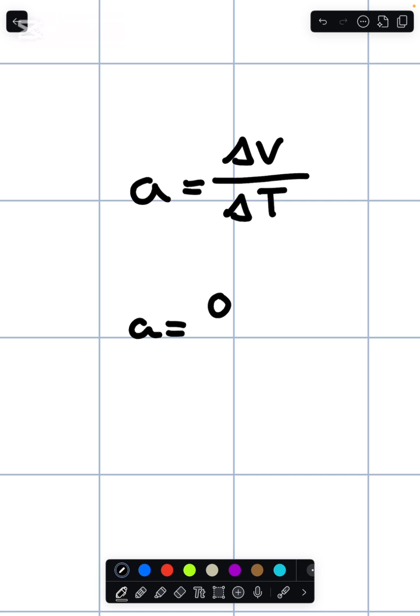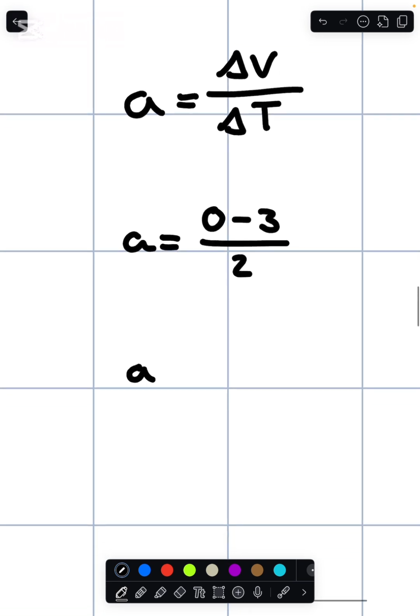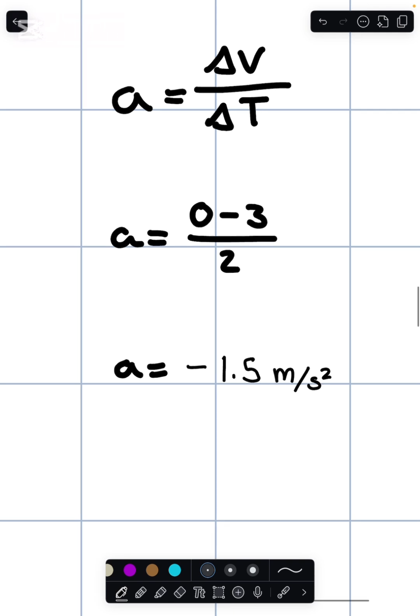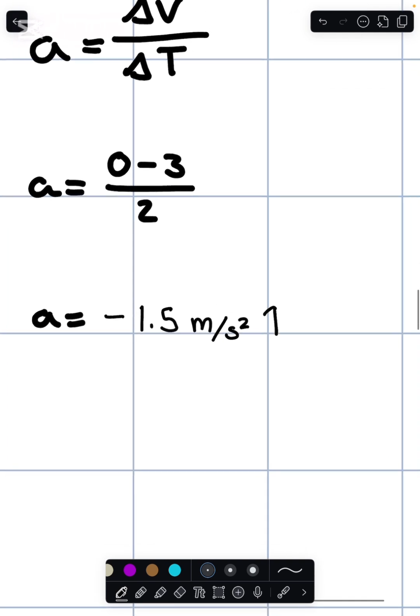Now we have our 0 minus 3 divided by 2. And if you do simple quick math, it's going to be negative 1.5 meters per second. Hold up, let me write this better. Negative 1.5 meters per second squared upwards.